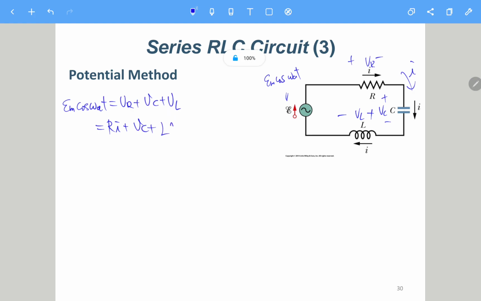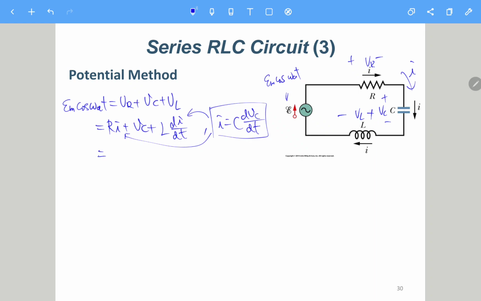VL will be L di dt, and also we will have I equals C dVc dt. So we can plug this one into here and also here.